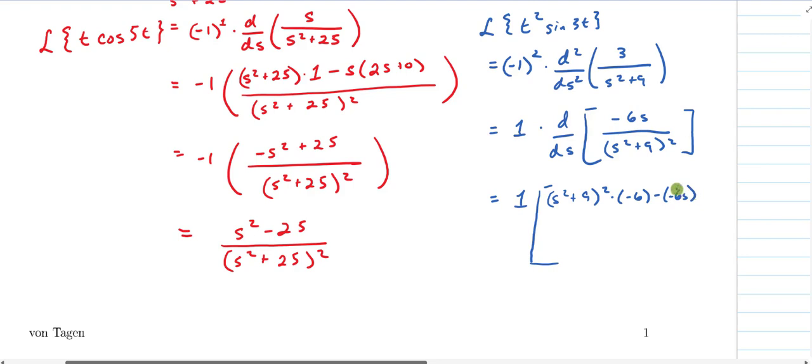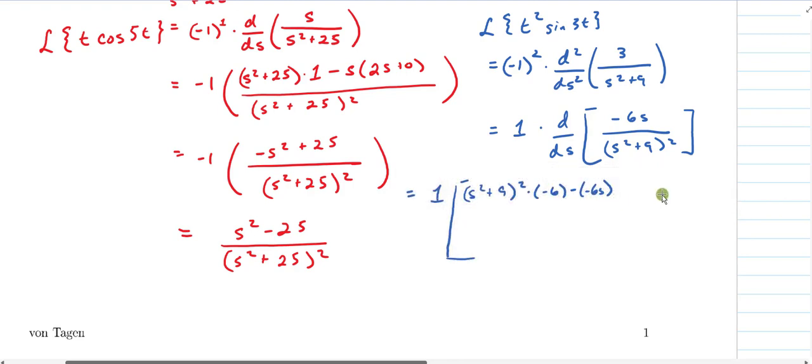And I've run out of room, folks, I'm sorry. The derivative of that bottom function would be 2 times s squared plus 9 to the first power times 2s by the chain rule, all over that bottom function, which was originally this squared, and when I square that again, that's the same as to the fourth power.